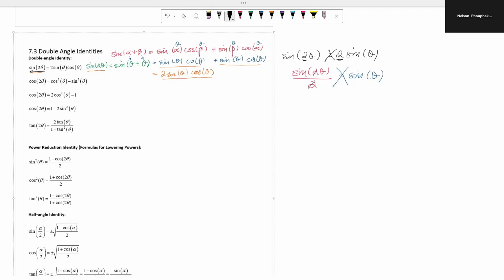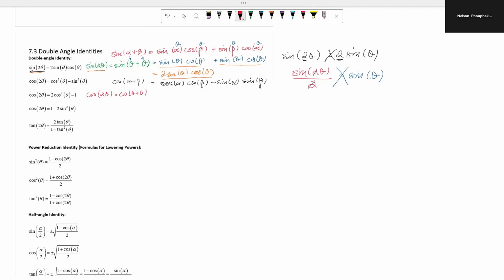Similarly, if I have cosine of alpha plus beta, then it is cosine of alpha cosine of beta minus sine of alpha sine of beta. Now cosine of 2 theta is cosine of theta plus theta.